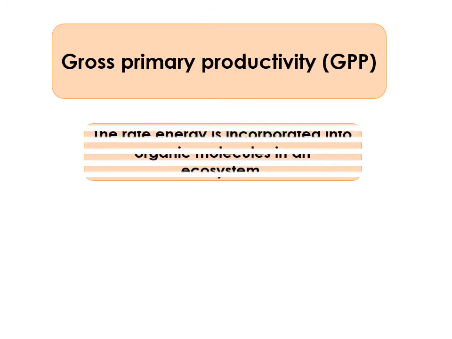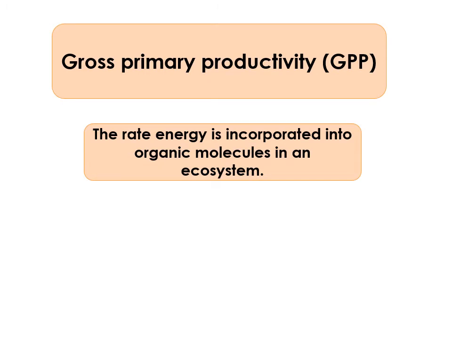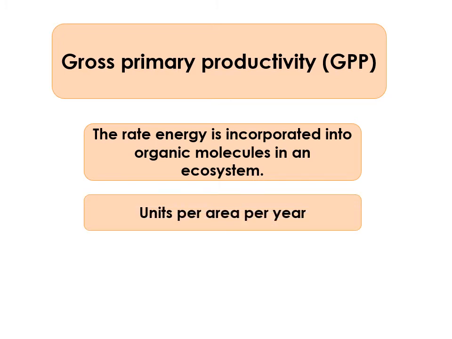Okay, so that is, if you like, the rate energy is incorporated into glucose within that ecosystem by the process of photosynthesis. So that's your gross primary productivity. Okay, and again, we give this in terms of units of energy per area per year. So it's always in kilojoules per meter square per year.